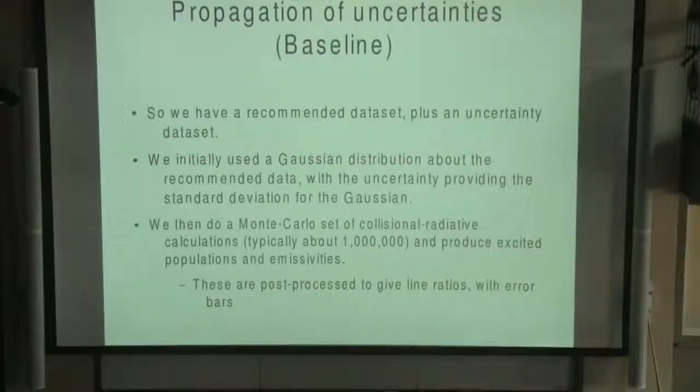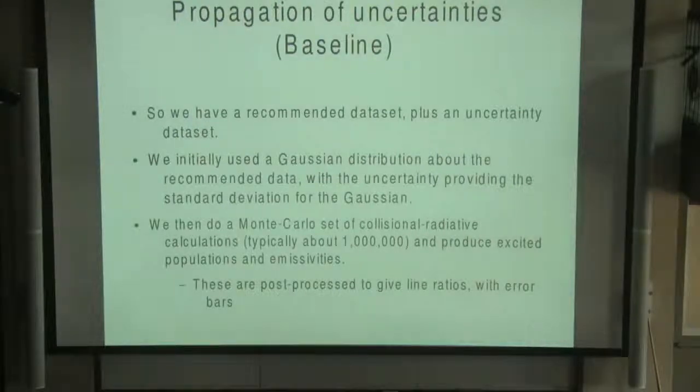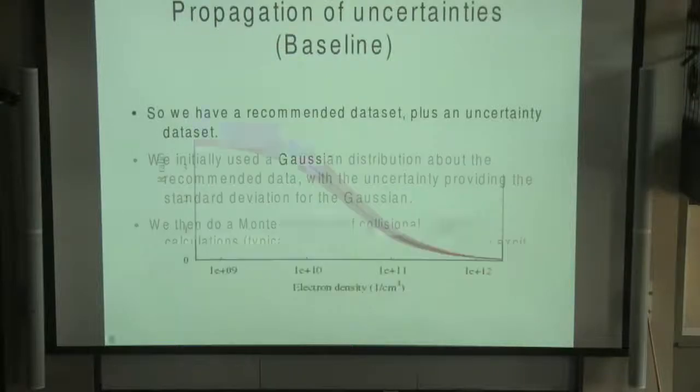So we have a recommended data set plus uncertainty data set. For the baseline data, we can have a Gaussian distribution and provide a standard deviation for the Gaussian. We then do a Monte Carlo set of collision-related calculations, typically about 1 million. And those are post-processed to create line ratios.